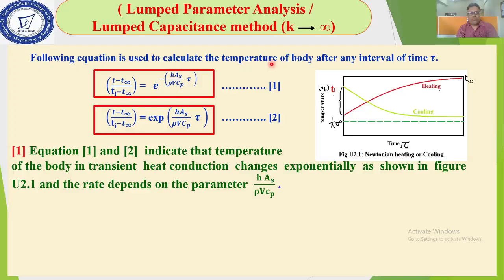So, aspect number 1, from equation 1 and 2 and from this figure U 2.1 for Newtonian heating or cooling, it is clear that temperature of the body changes exponentially in transient heat conduction, and the rate of change of the temperature depends upon the parameter hAs over rho V Cp.